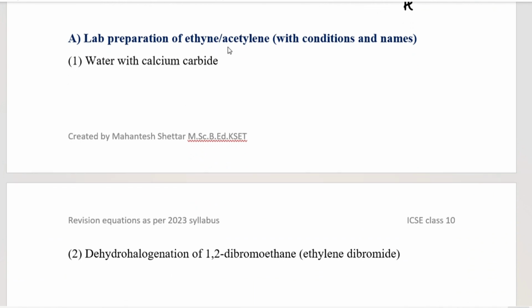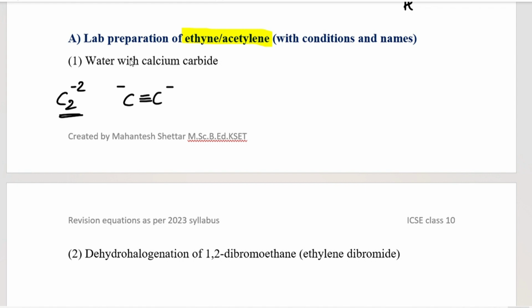Come to laboratory preparation of ethyne. Ethyne common name is acetylene. Sometimes they may ask you the common names as well. Okay, water with calcium carbide, very important. Carbide, if you remember what I'm telling you now, you'll not have confusion. Carbide is what? C2 2 minus. What is the structure of this? C 1 2 3. C triple bond C, 1 minus here, 1 minus here.